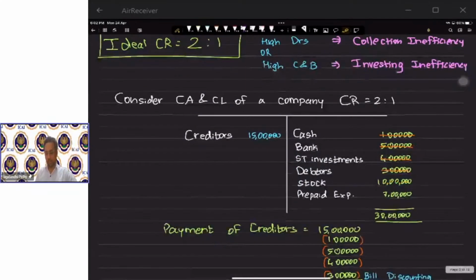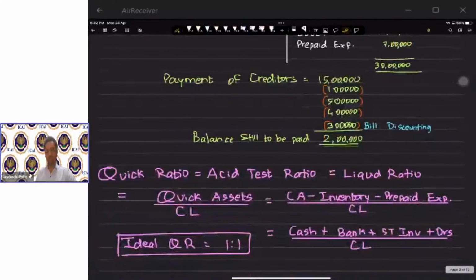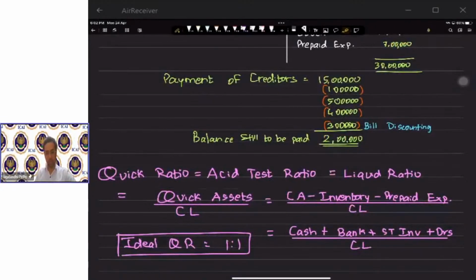Then there is another strict ratio which talks about a greater liquidity sense. That's your quick ratio, which is quick assets upon current liabilities. And what all is included in quick assets? In that you have the current assets, but from that you reduce your inventory and the prepaid expenses. Okay. So current assets, less inventory, less prepaid expenses, or in a sense, we're talking of cash, bank, short-term investment, and debtors.